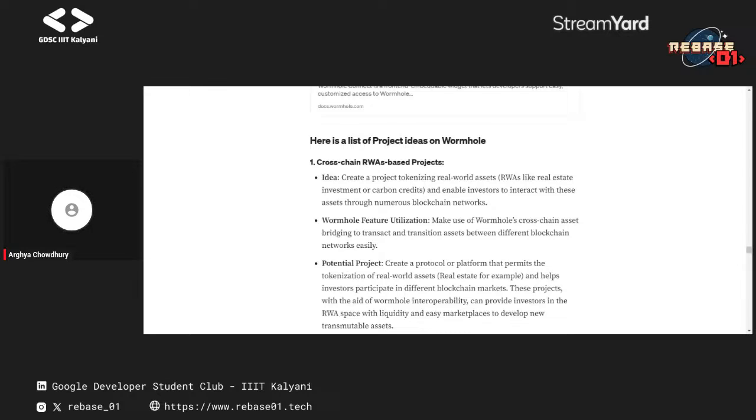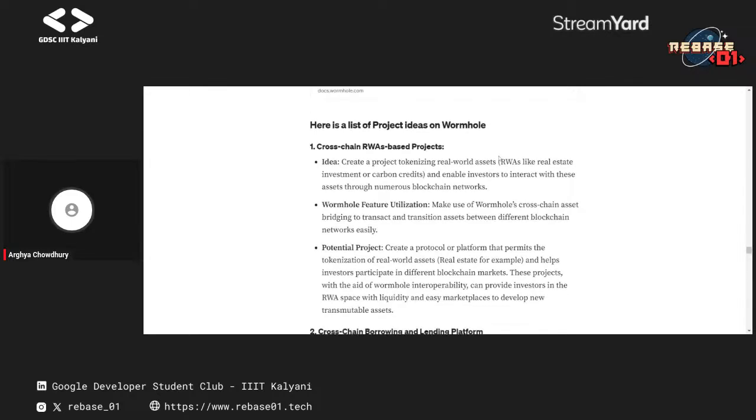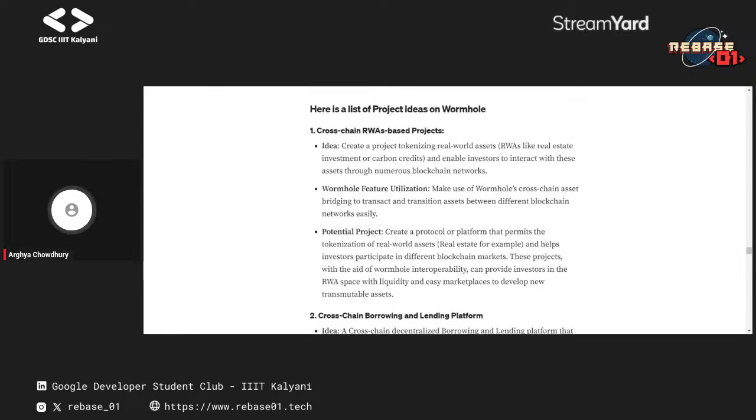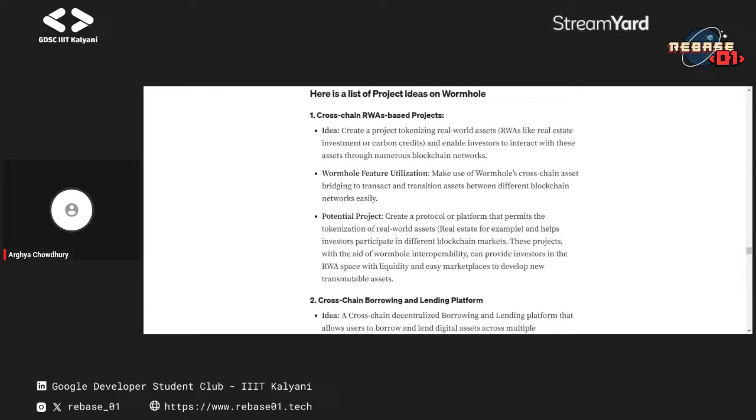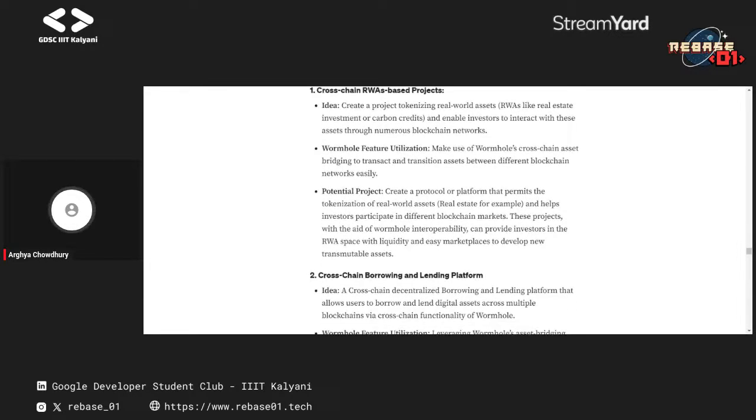You can basically tokenize the real world assets and then build the projects. And you can make them cross chain, instead of restricting them to one particular blockchain. So you're having more user base, you're getting more liquidity, and you're getting more exposure as well.